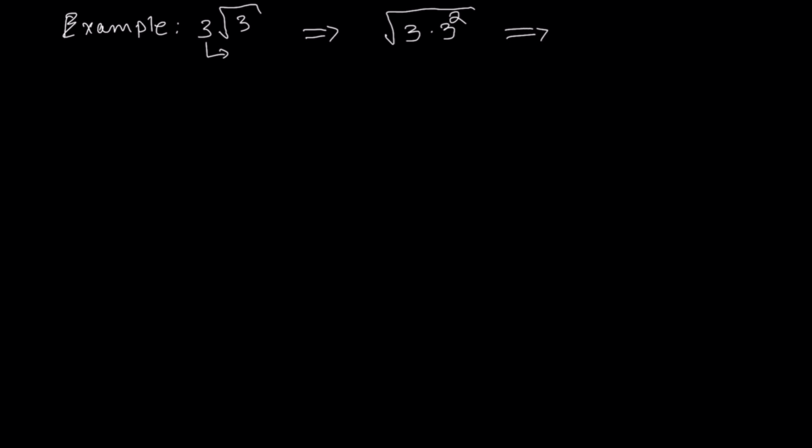We studied the rule of exponents: if the bases are the same, we add the exponents. So the same base 3, we add the exponents here, 1 plus 2 is 3. If we simplify, that will be 27. Okay, so that was it.